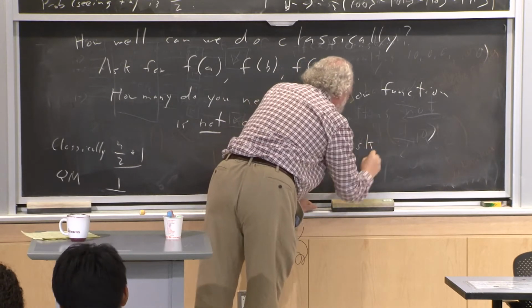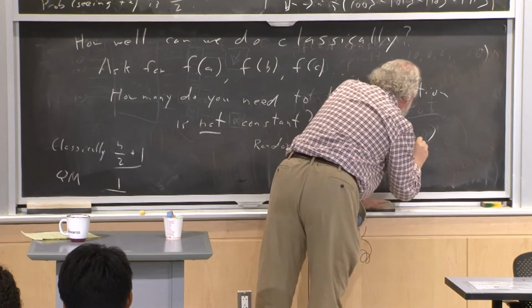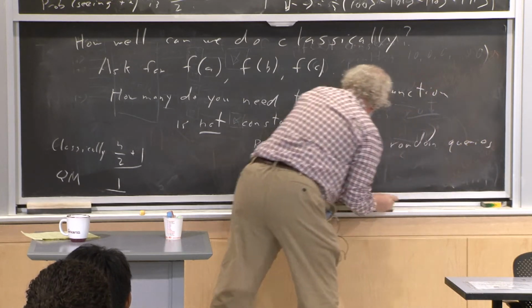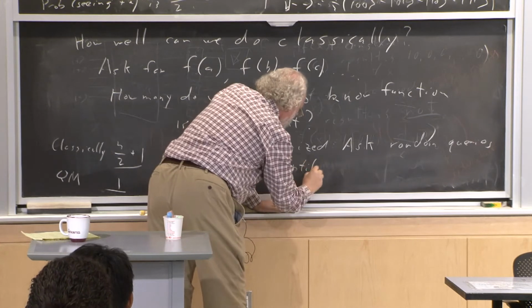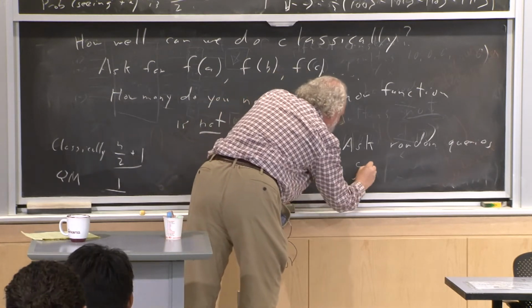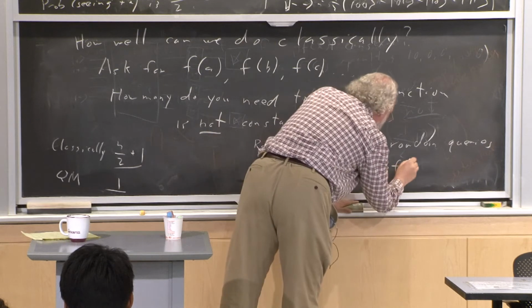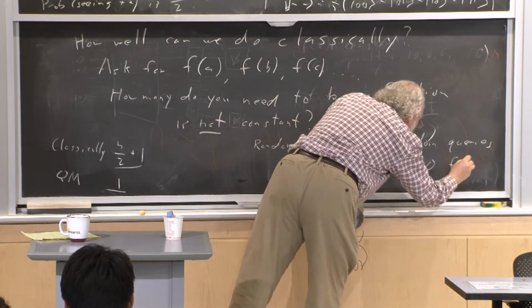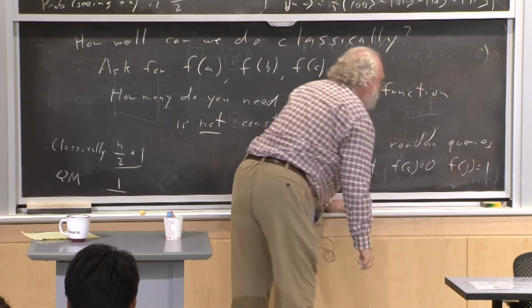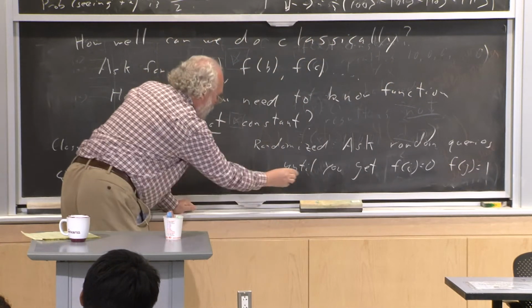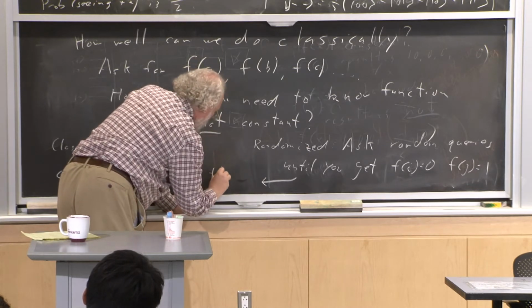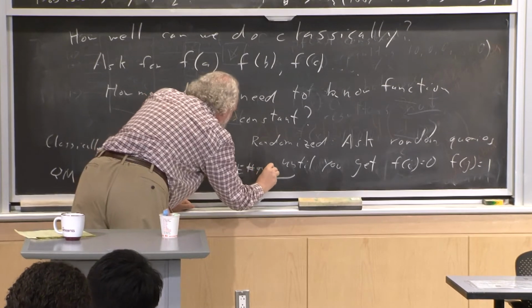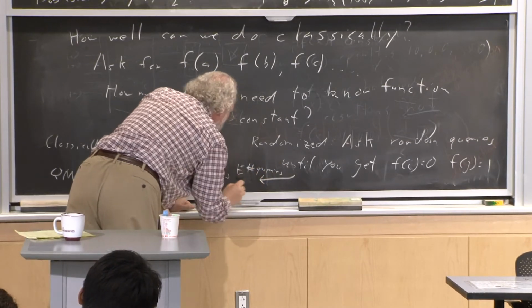Ask random queries until you get f of i equals 0 and f of j equals 1. And this takes expected number of queries equal to 2.